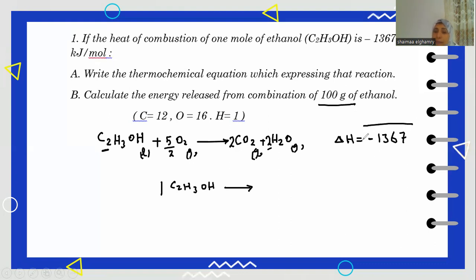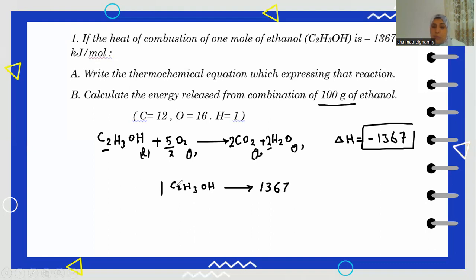Here delta H is negative 1367. And as we said, if delta H is negative, the Q, or quantity of heat, should be positive. So the quantity of heat released from burning or combustion of 1 mole of ethanol will be 1367.